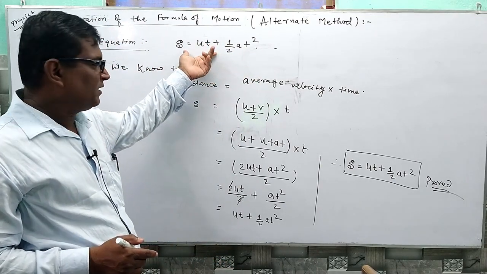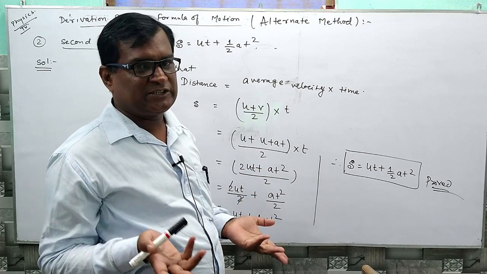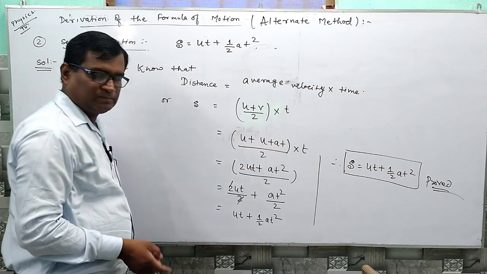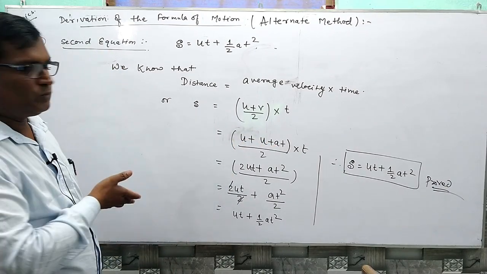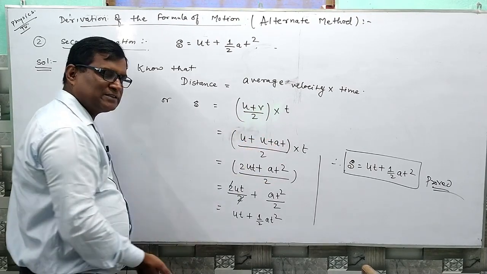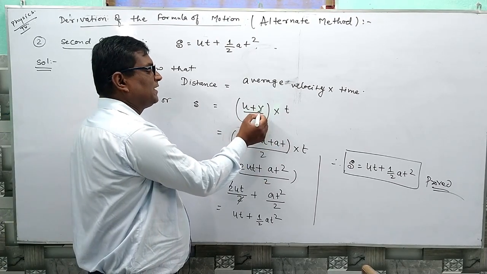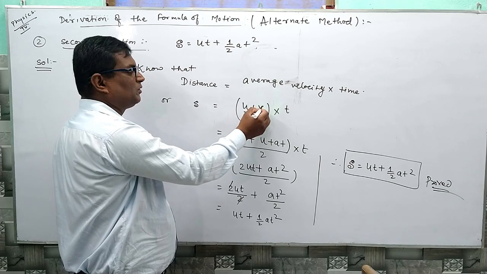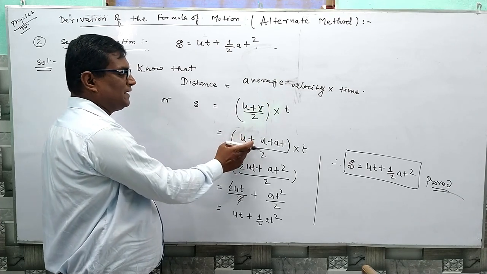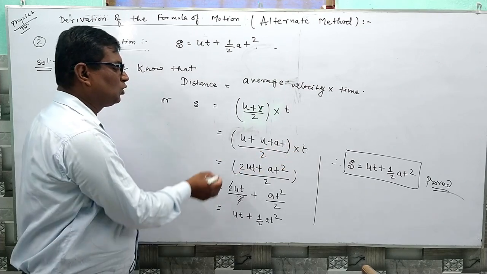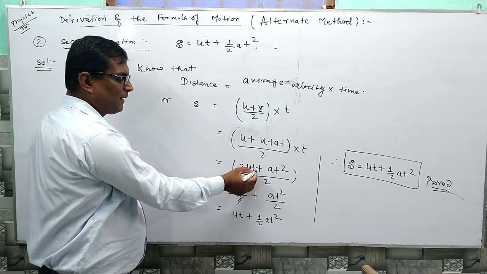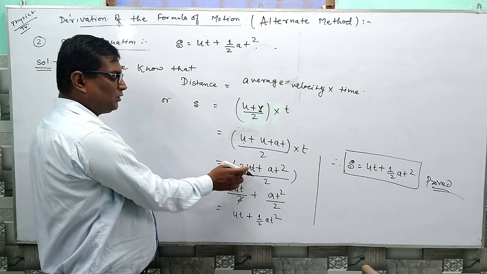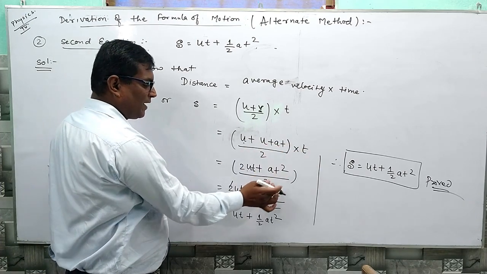This formula has no final velocity v, so we change v into u plus at. In the previous equation we solved v equal to u plus at, so we put u plus at in place of v. u plus at into t, so u plus u equal to 2u, and t also multiplies with 2u, then 2ut plus at squared by 2.